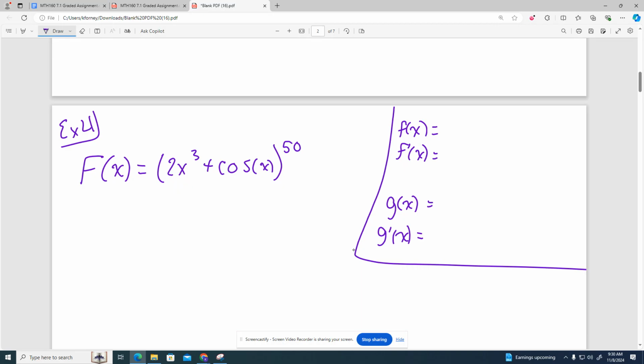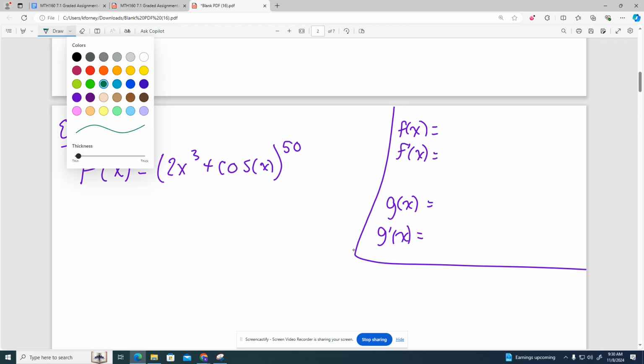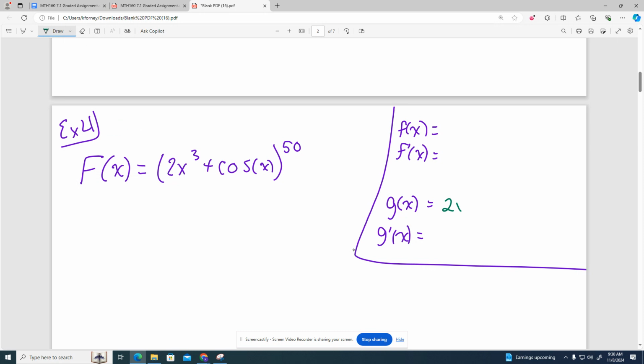Okay, so what is the inside function? 2x cubed plus cosine x, yep. So if that's the inside, the outside is just x to the 50th, so its derivative is 50x to the 49th.